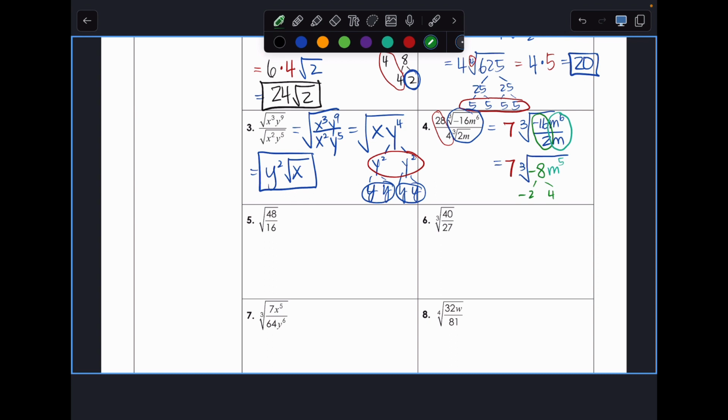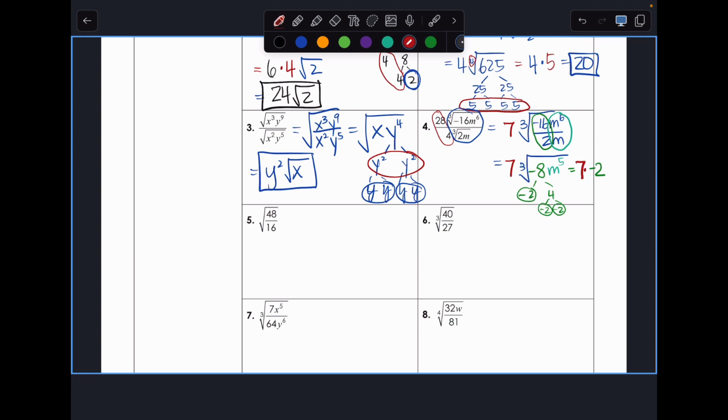What 2 factors can I create with 4 that will be identical to negative 2? Negative 2 times negative 2 will allow me to have that identical piece. That would allow me to group those 3 together as one, right? So who comes out to play? Negative 2. Negative 2 comes out to play with 7. So 7 times negative 2.